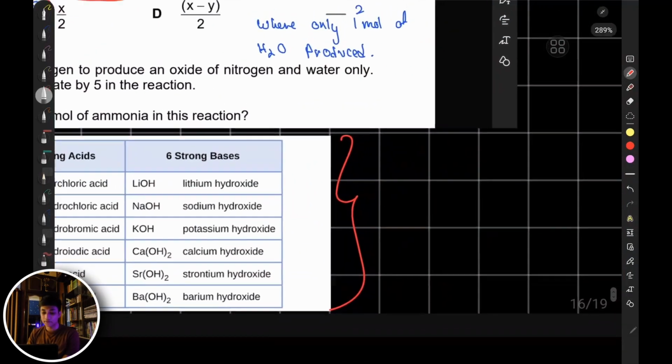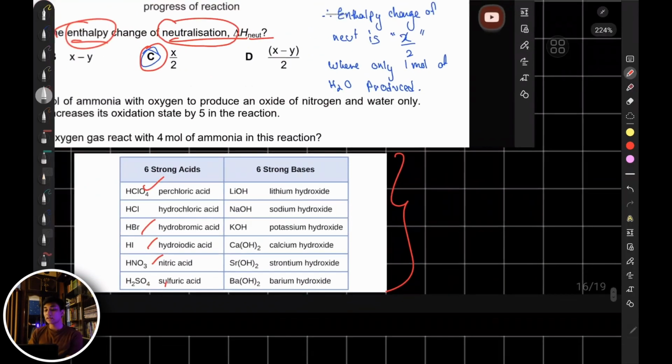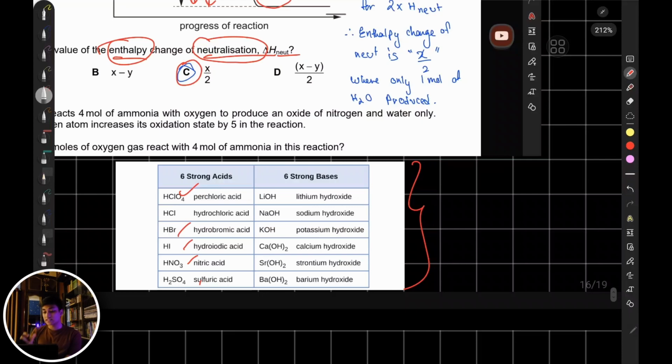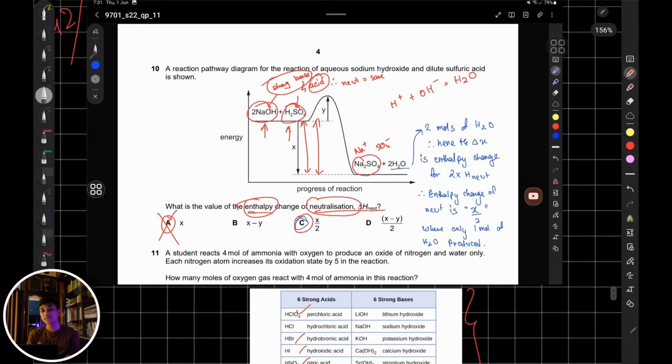Other than this, there will be cases where a strong base can react with a weak acid, or the other way around. In those cases, it's different because they do not easily ionize, or they don't fully ionize. They partially dissociate or ionize, which is why in those reactions, the enthalpy change of neutralization is not constant.